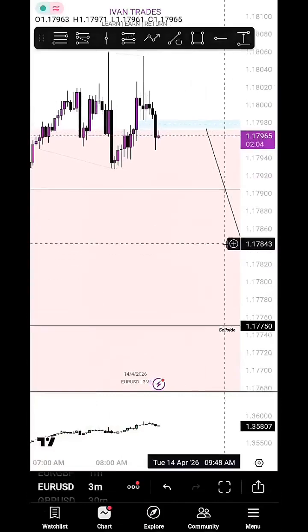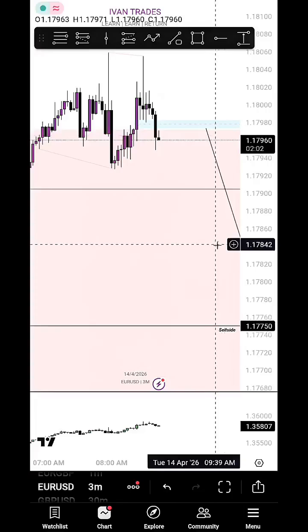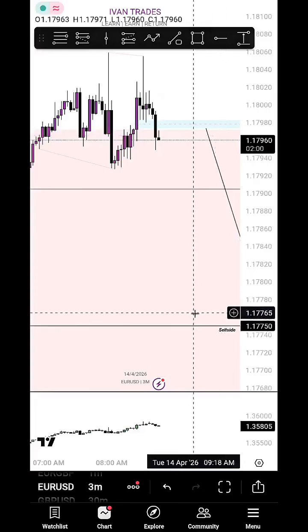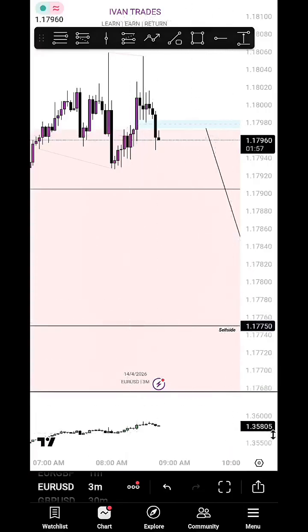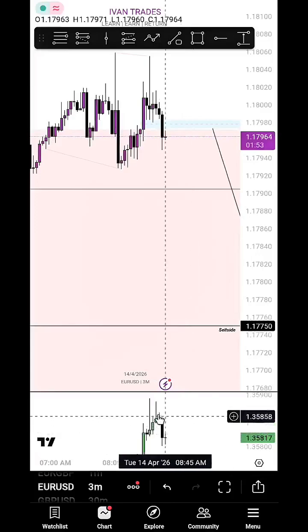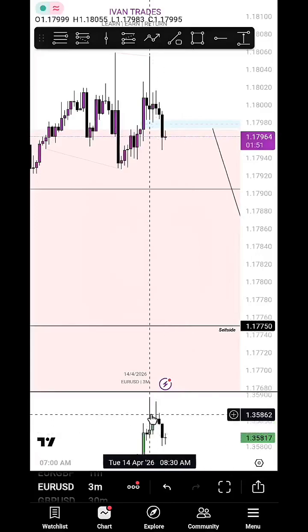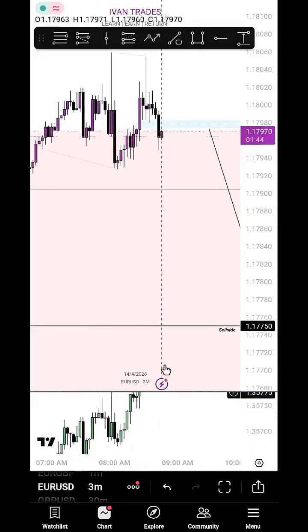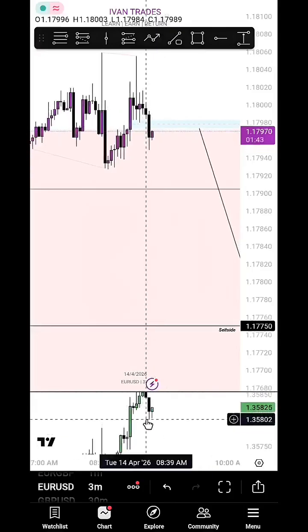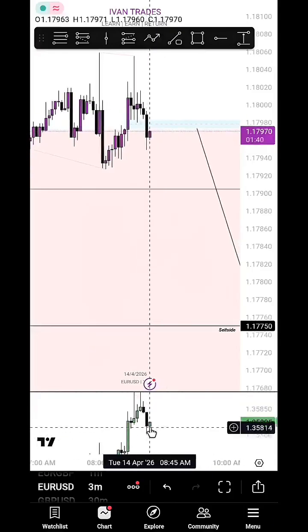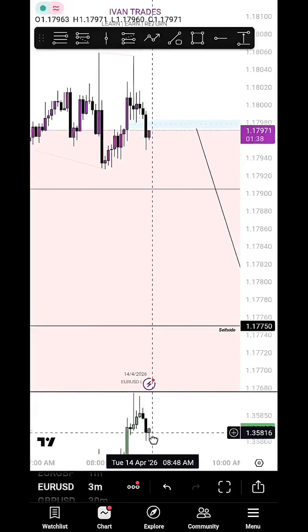So I'll be interested in knowing how the price will utilize this bullish fair value gap as an inversion fair value gap. But so far, I'm just waiting for another retracement on this time frame.